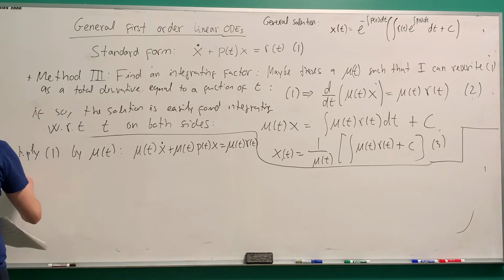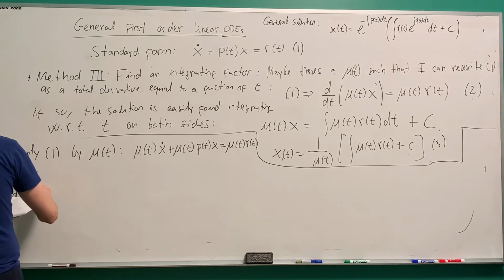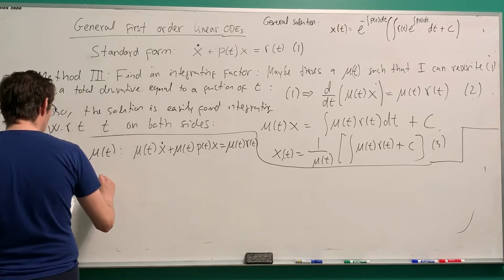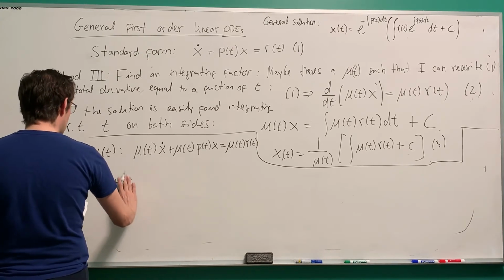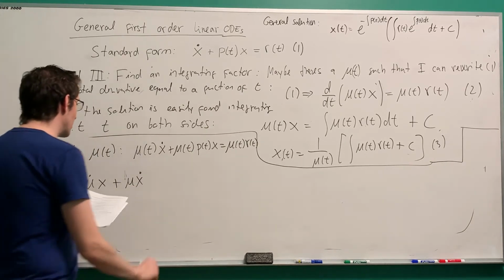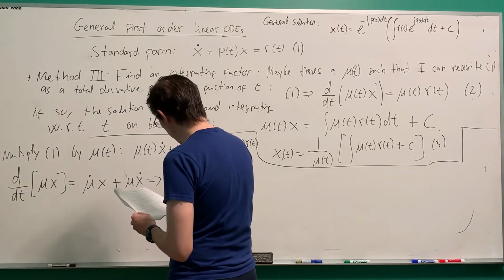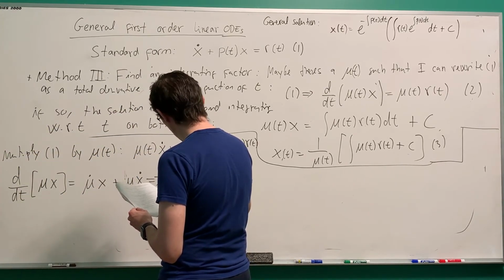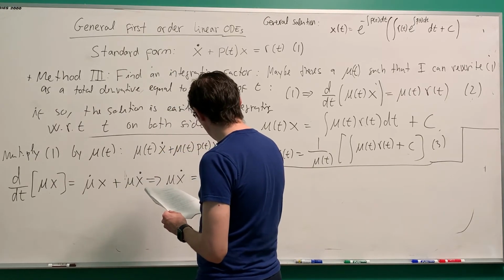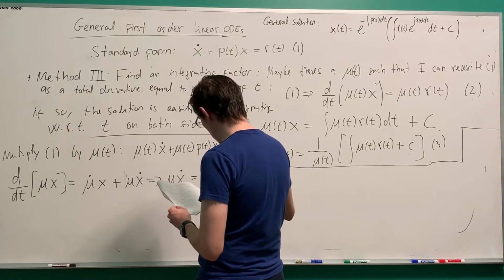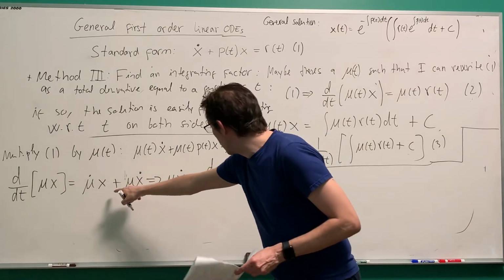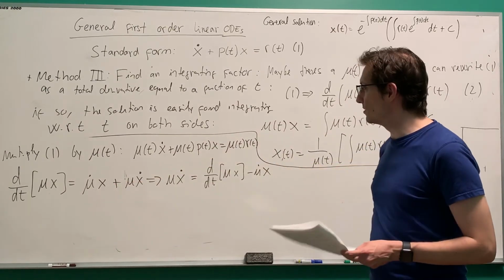The product rule tells me that d dt on the product mu x is equal to mu dot x plus mu x dot, right? But that also means that mu x dot is equal to d dt of mu x minus mu dot x, right? I just put the mu dot x on the other side of the equation.